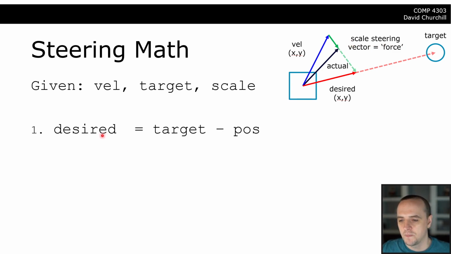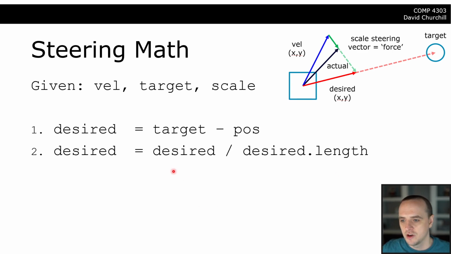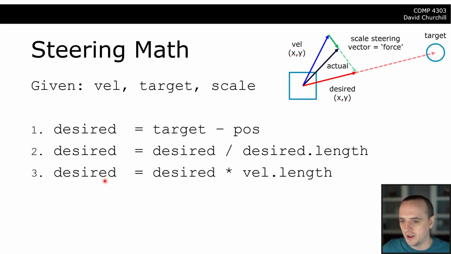First, we're going to have desired equals target minus position. So that's the dashed red line. Then we divide desired by its length to get a normalized desired vector of length 1. Then we multiply desired by the length of our current velocity to get the red vector equal to the blue vector in length.